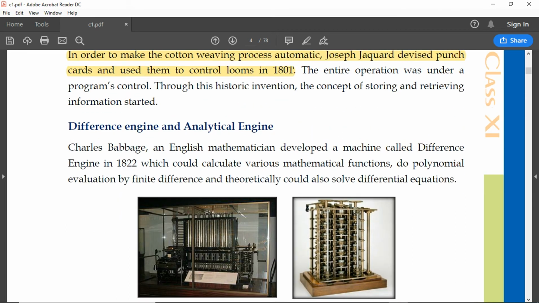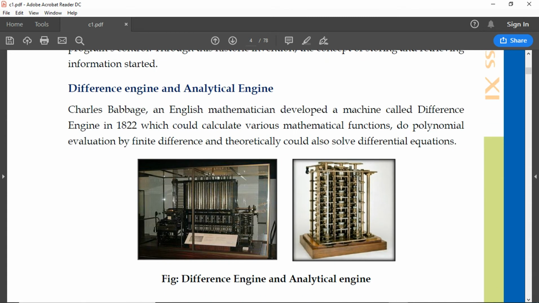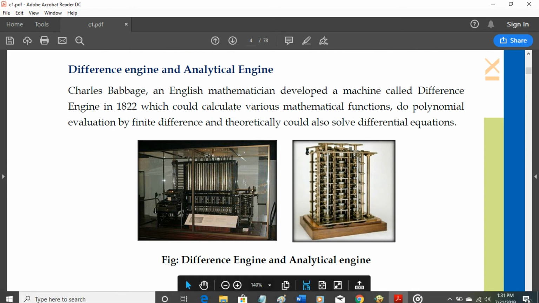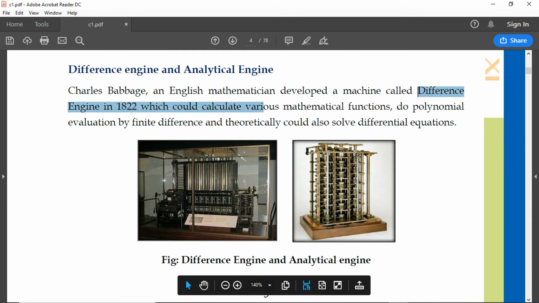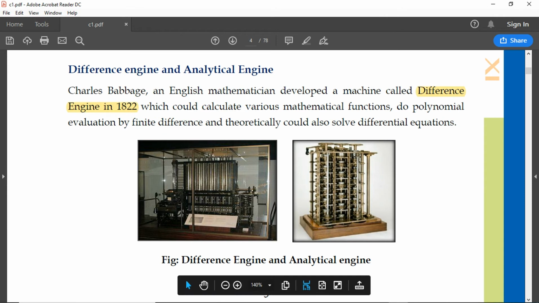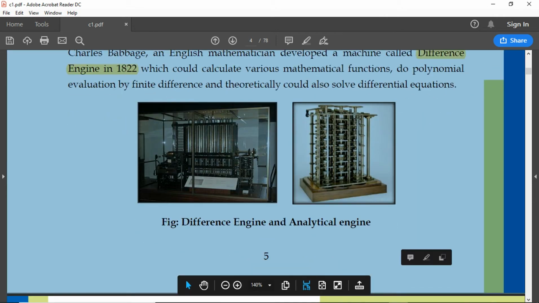Difference engine and analytical engine. Charles Babbage, an English mathematician, developed a machine called difference engine in 1822 which could calculate various mathematical functions, do polynomial evaluation by finite difference and theoretically could also solve differential equations. Fig. Difference engine and analytical engine.